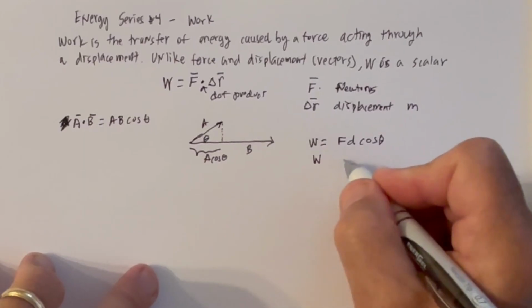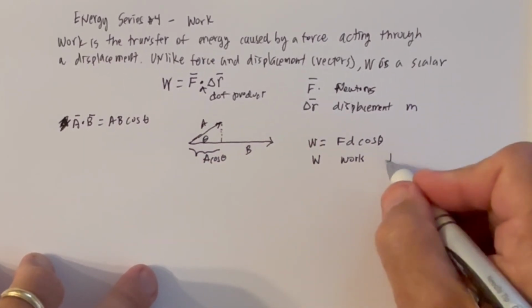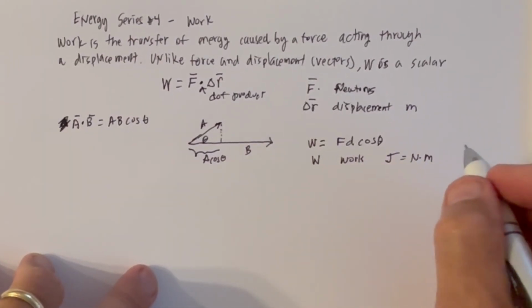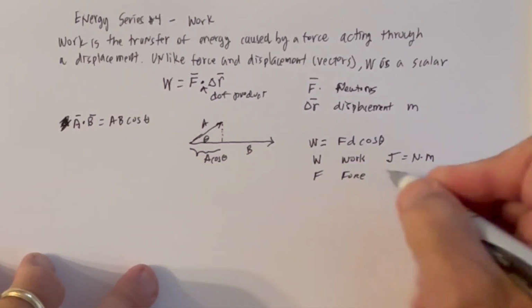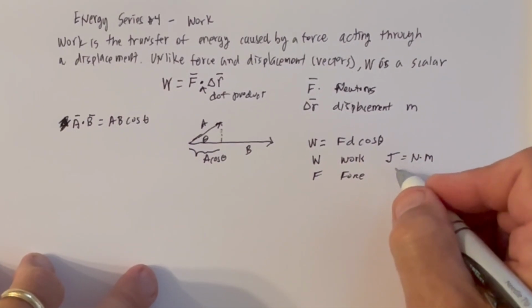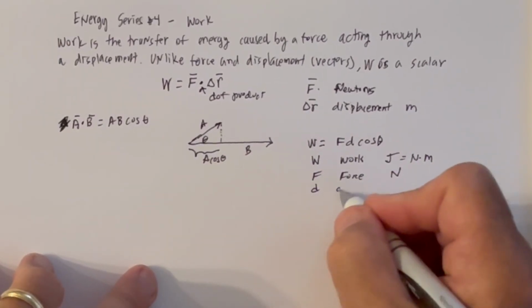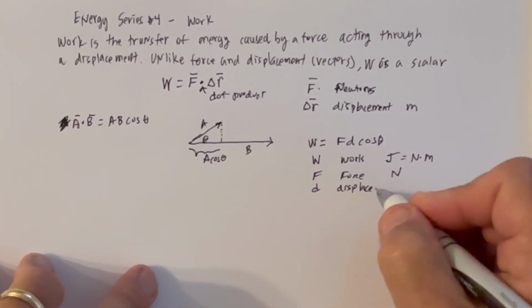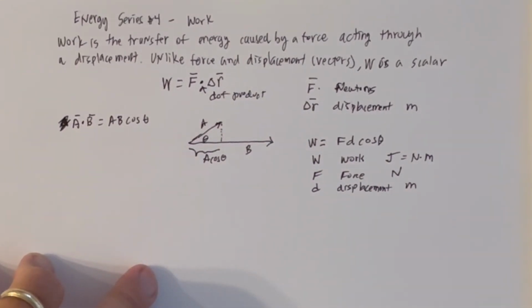So work, W is work, and it's going to have units of joules, which is a Newton times a meter. That's our unit of work. Force, it's just going to have units of newtons. Displacement, that's just how far we move the object or system. That's going to be units of meters.